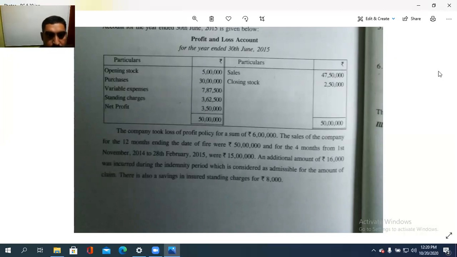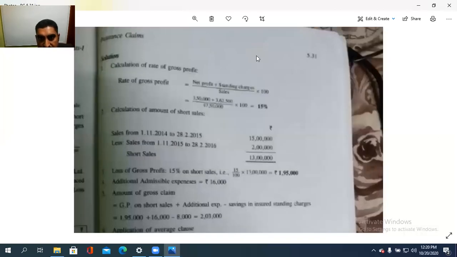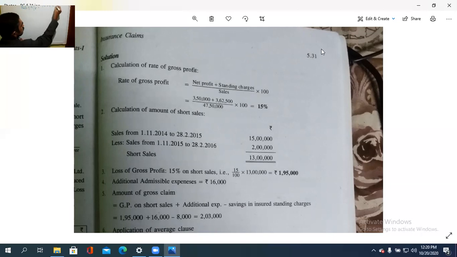So here the gross profit is how much? Net profit is 3,50,000, isn't it? So we will calculate the rate of gross profit. So rate of GP is equal to net profit plus insured standing charges divided by sales into 100. So net profit is how much? 3,50,000. That is already in the question as net profit. Plus insured standing charges.